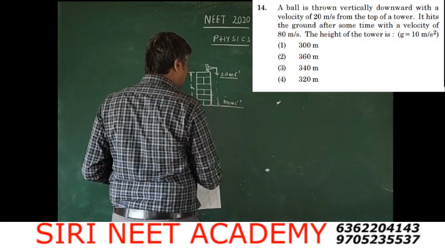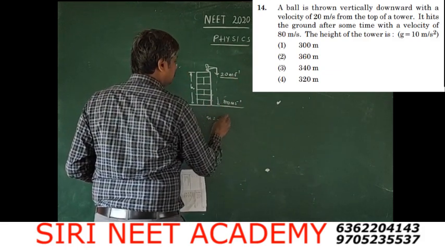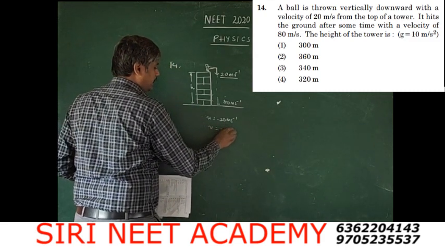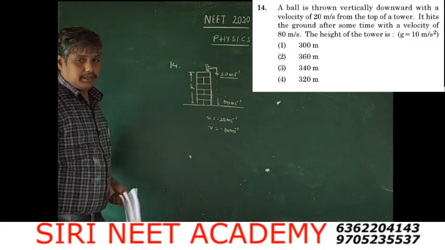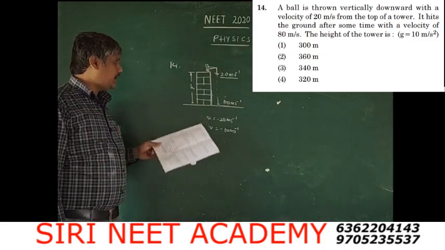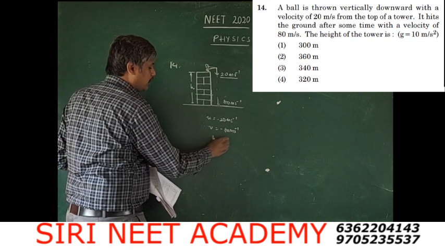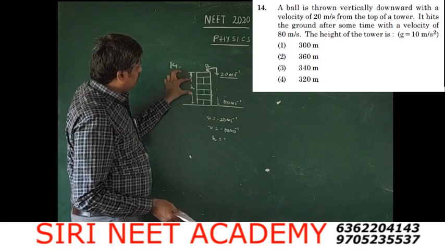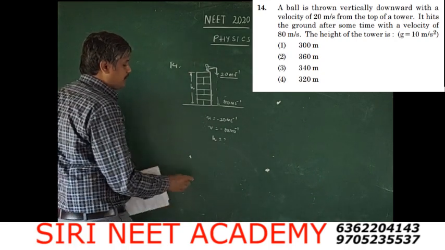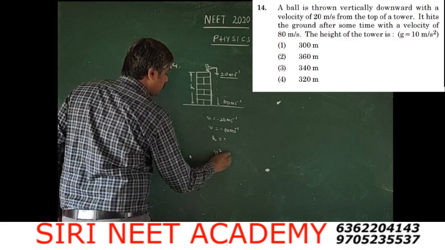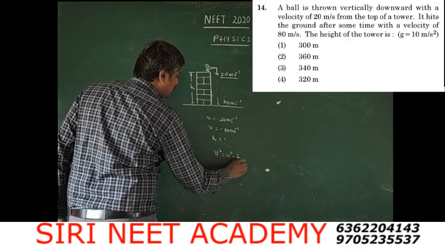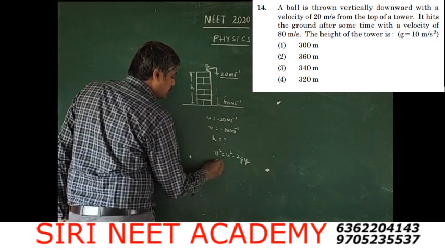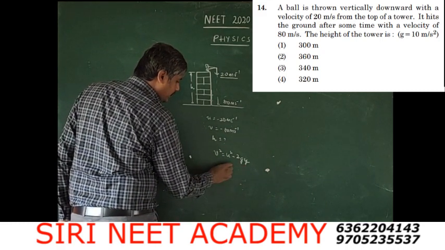As it is thrown downwards, u is equal to minus 20 meters per second, and v is equal to minus 80 meters per second. The kinematic equation required to find the height of the tower in our case is v square is equal to u square minus 2gy.